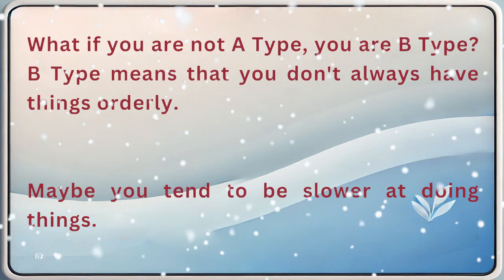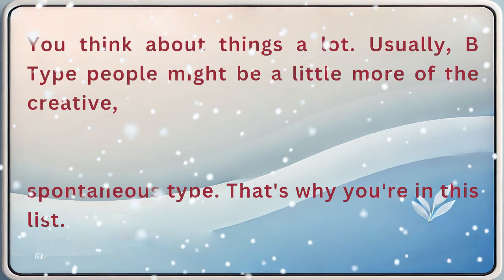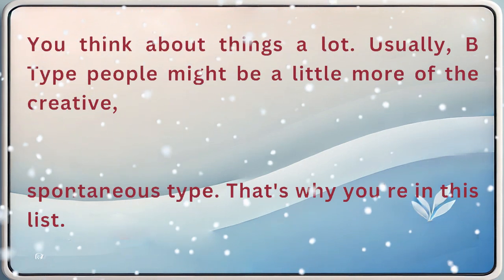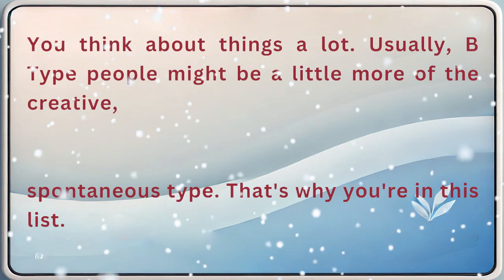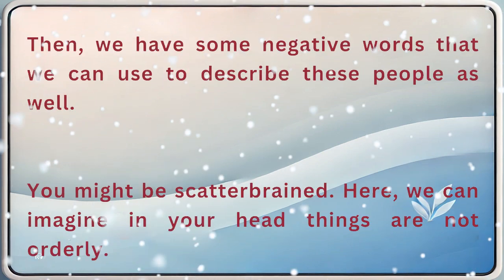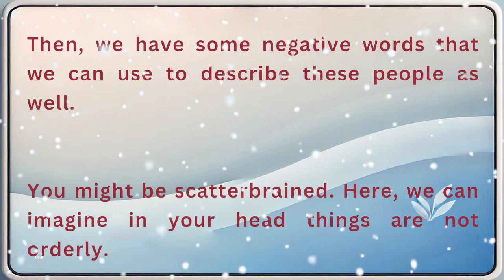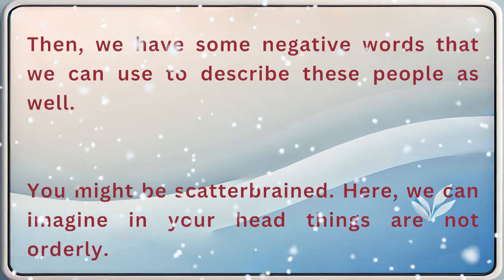Maybe you tend to be slower at doing things. You think about things a lot. Usually B-type people might be a little more of the creative, spontaneous type. That's why you're in this list. Then we have some negative words that we can use to describe these people as well.